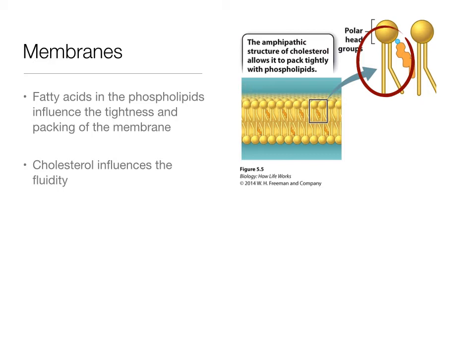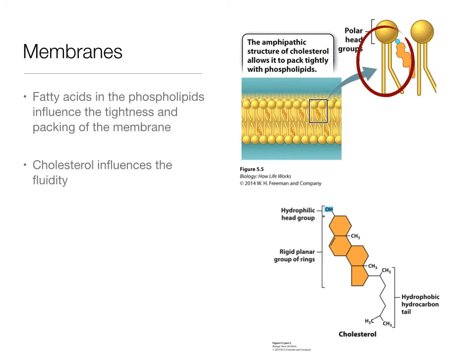Another molecule is important in controlling the level of fluidity of the membrane, and it is the cholesterol molecule. The cholesterol molecule is another type of lipid. It has a very different structure if you compare it with the phospholipids.